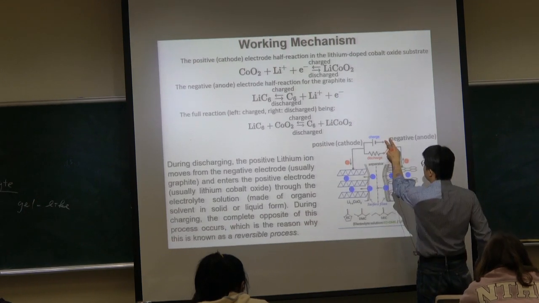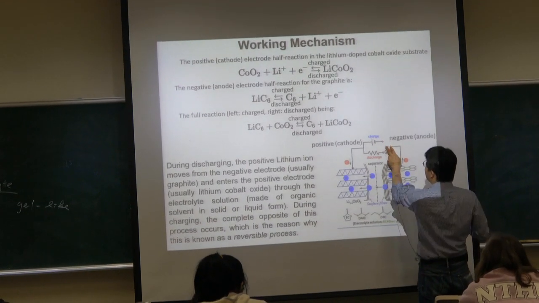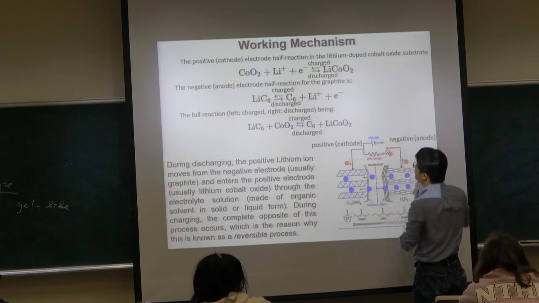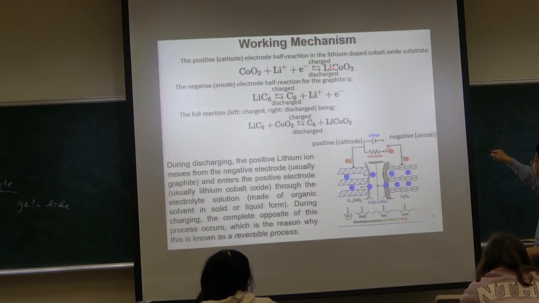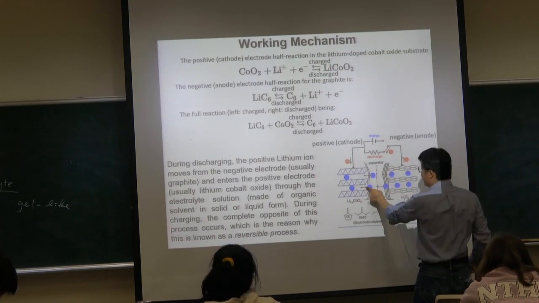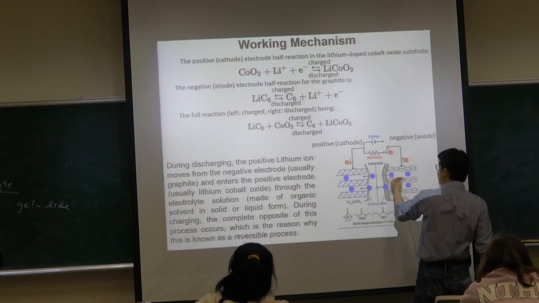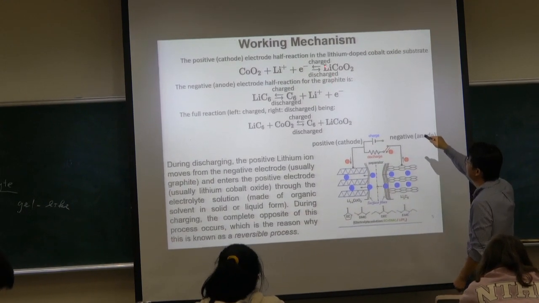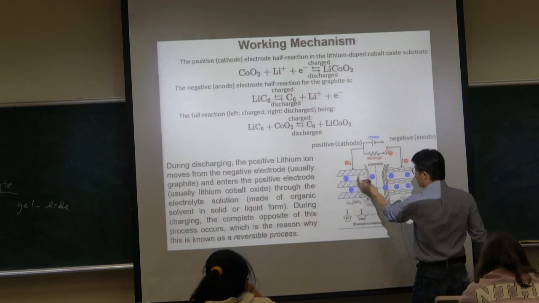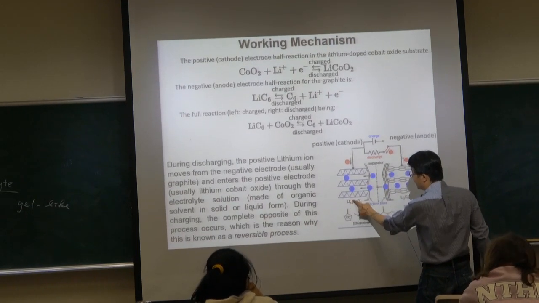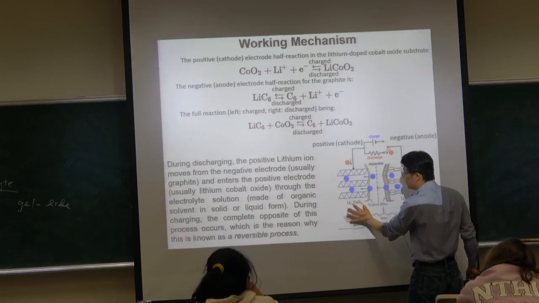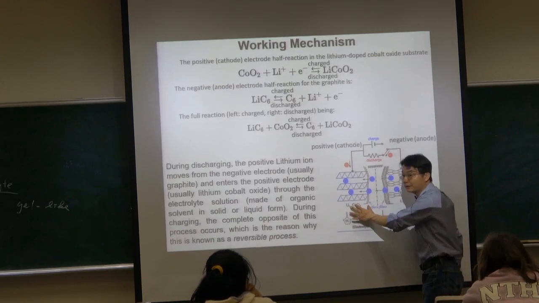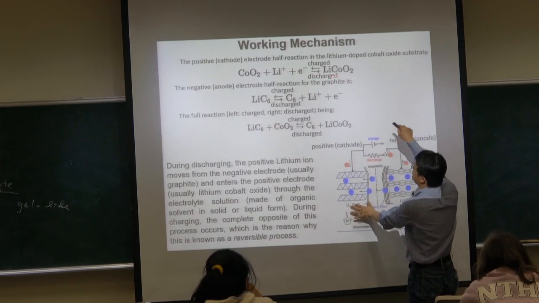And then, once you switch to here, it is a charge. Charge means the lithium in the lithium copper oxide will diffuse back, right? Once the lithium diffuses back, the lithium copper oxide will remain as copper oxide, right?